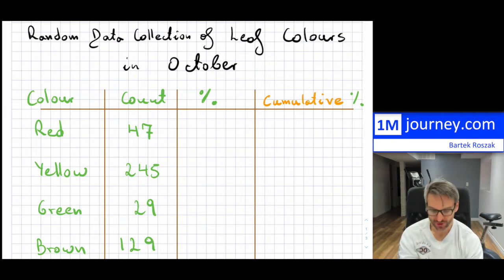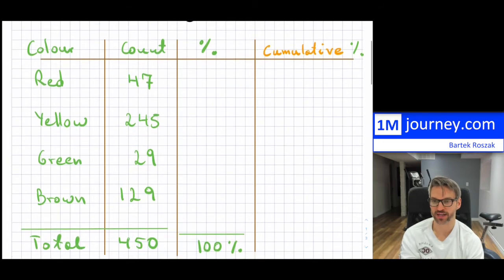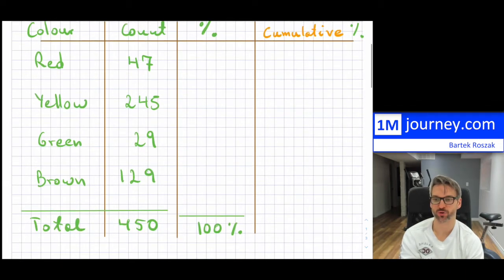The colors that were observed were red, yellow, green, and brown. The count for each: there's 47 red, 245 yellow, then you have some green and brown, and in total you have 450, which is the entire sample size, 100% of the sample size.